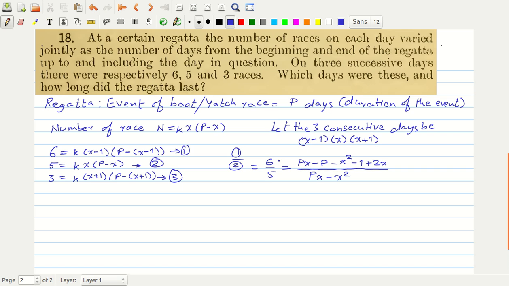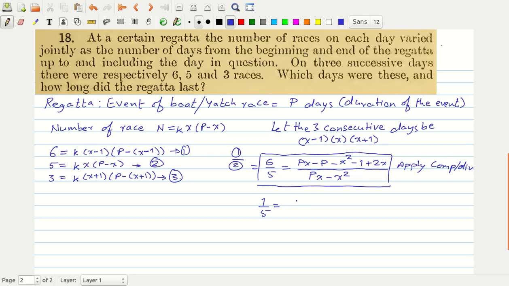Now just apply componendo and dividendo on this equation. So let us say 6 minus 5 is equal to 1 divided by 5. This should be equal to numerator minus denominator. So px minus x square will cancel out, because px minus x square minus px minus x square will cancel out.